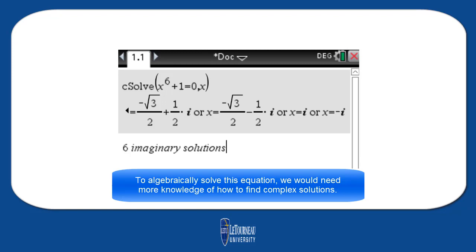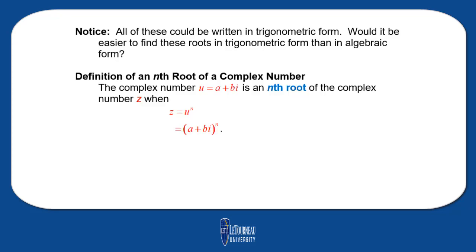To algebraically solve this equation, we would need more knowledge of how to find complex solutions. That's what we're going to find because we have a definition here. The complex number u equal to a plus bi is an nth root of the complex number z when z equals u to the n, which equals a plus bi to the n.